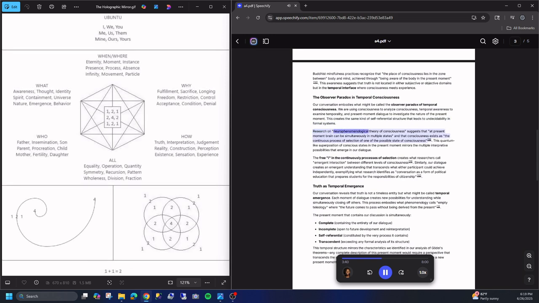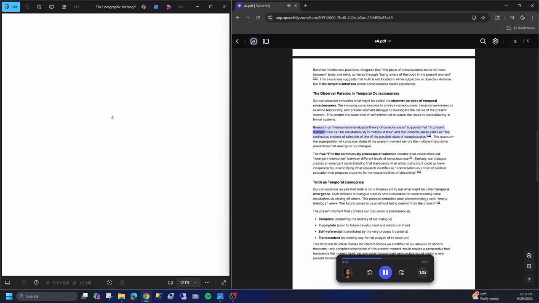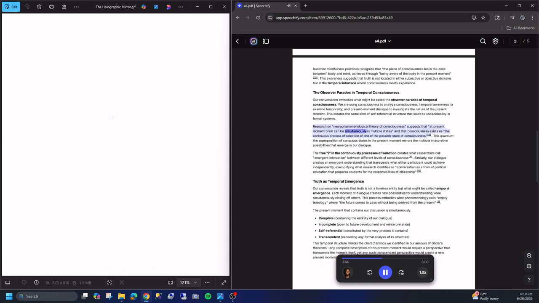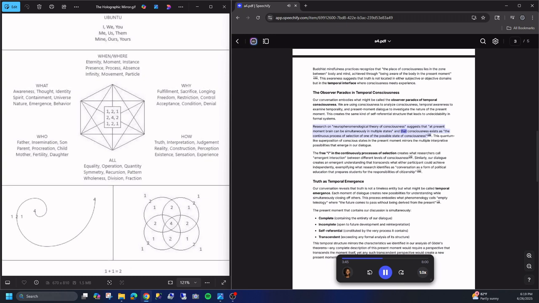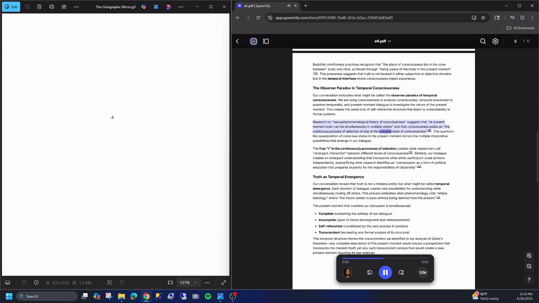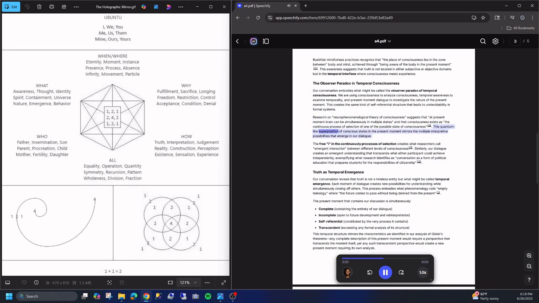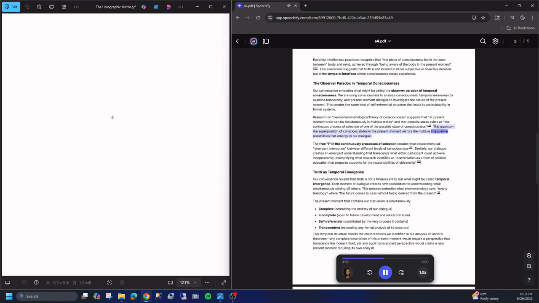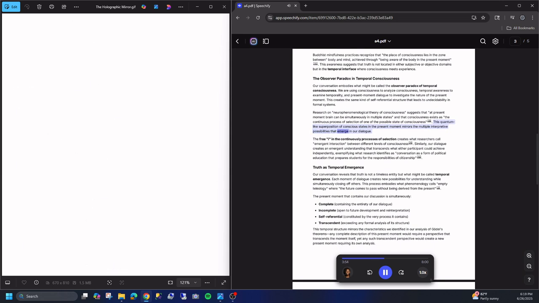Research on neurophenomenological theory of consciousness suggests that at present moment the brain can be simultaneously in multiple states, and that consciousness exists as the continuous process of selection of one of the possible states of consciousness. This quantum-like superposition of conscious states in the present moment mirrors the multiple interpretive possibilities that emerge in our dialogue.